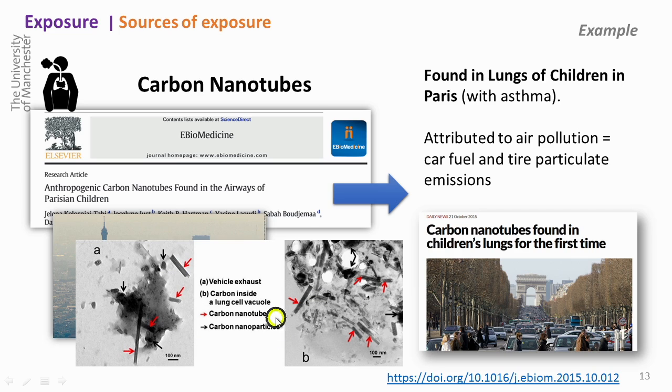Again, they could identify similar features from vehicle exhaust to the lung. And these nanotubes are known to be not great, not very safe, and they are actually fairly toxic.